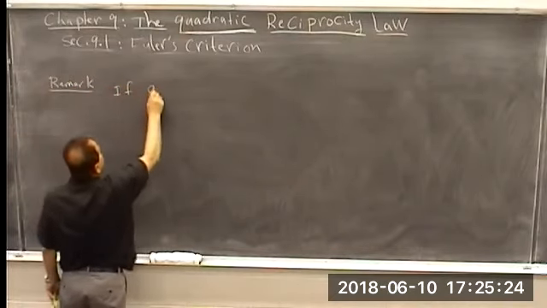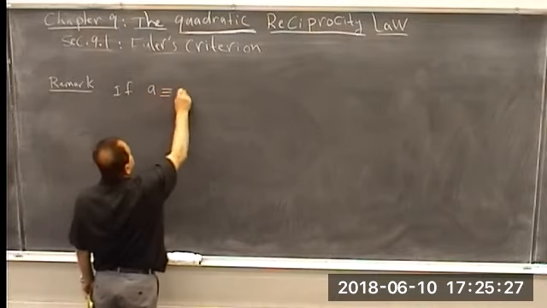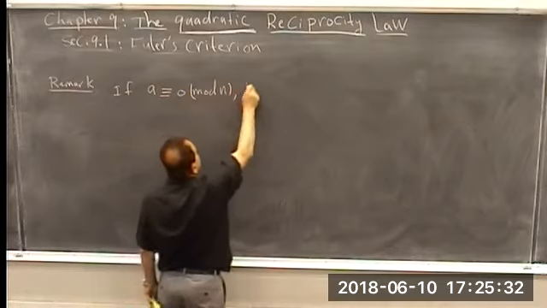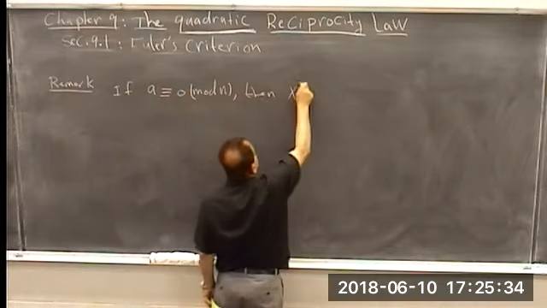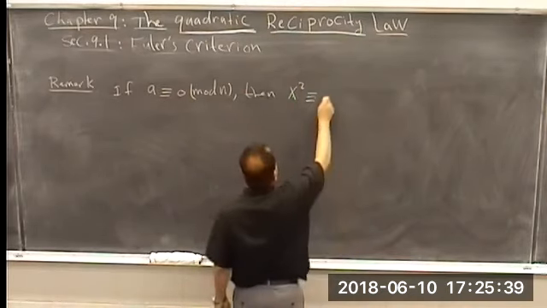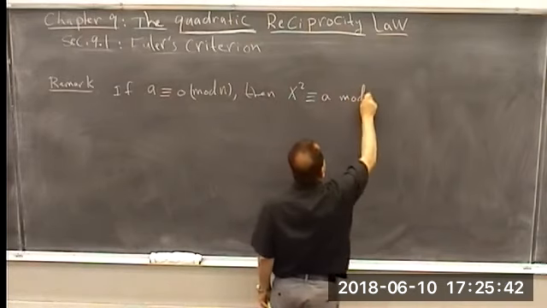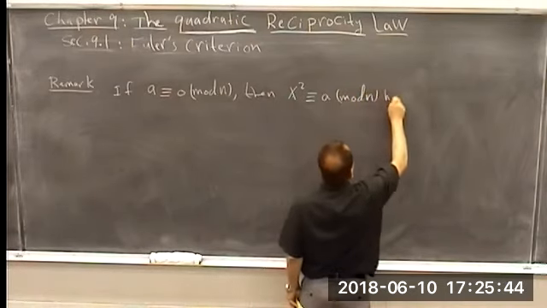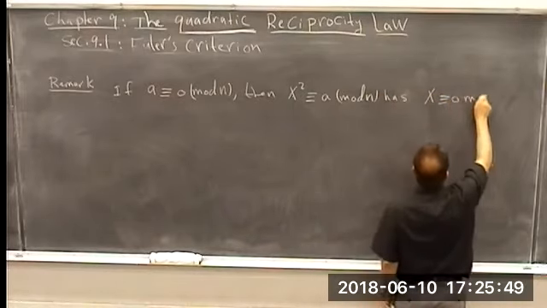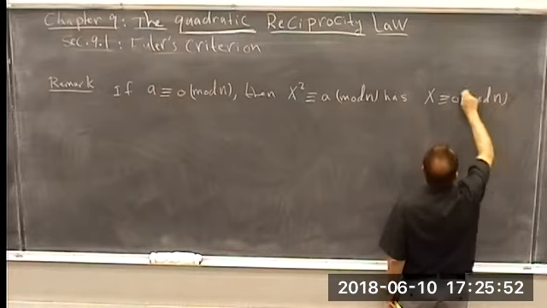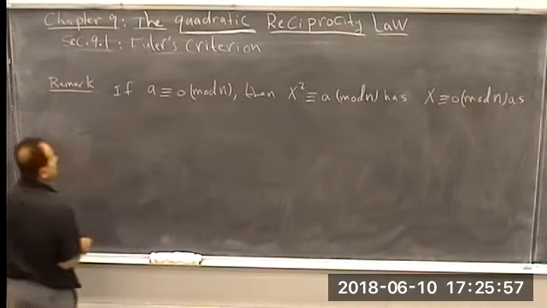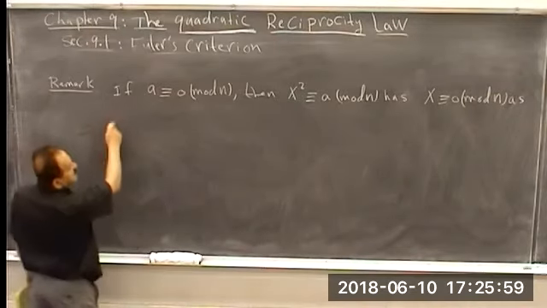If a is congruent to 0 mod n, then x squared congruent to a mod n has x congruent to 0 mod n as a solution.